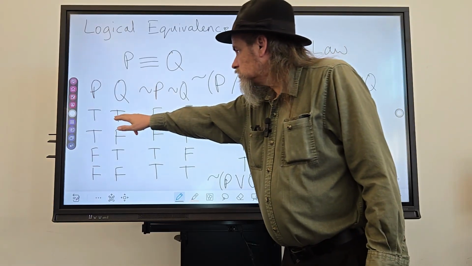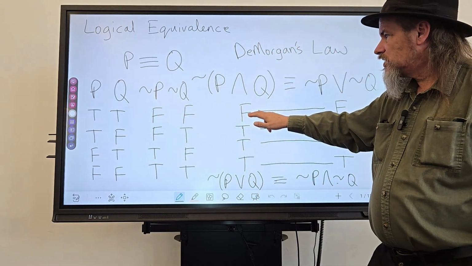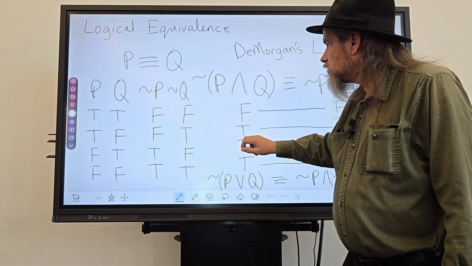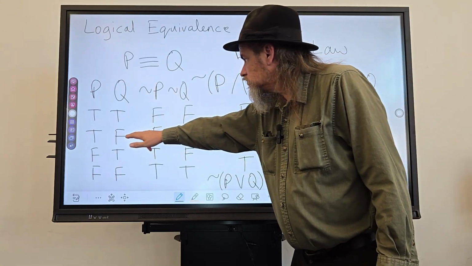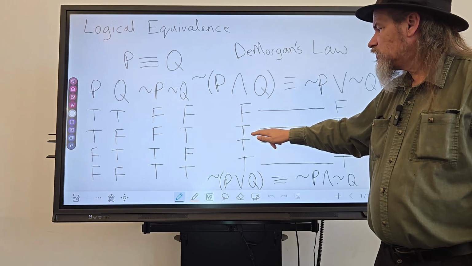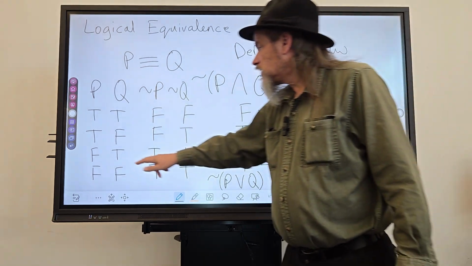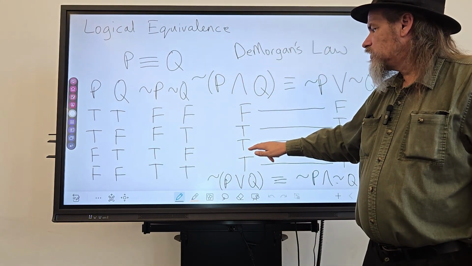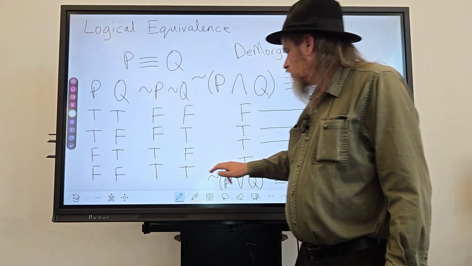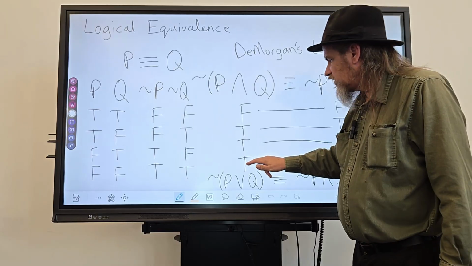P and Q is true, but inverted would be false. True and false would be false, but inverted would be true. False and true, inverted would be true. And false and false would be false, but it's inverted to be true.